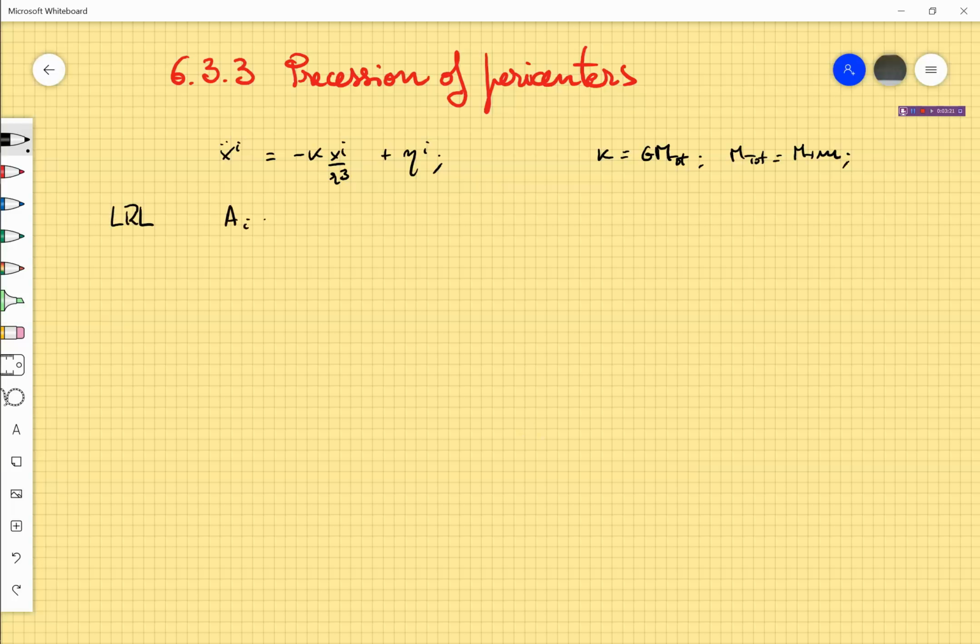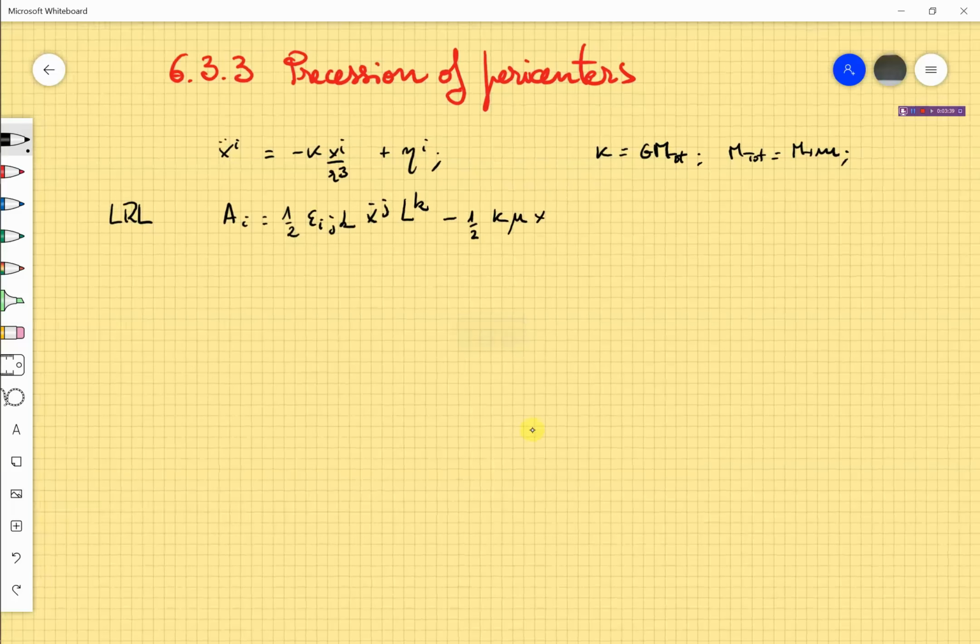And the components of this vector are this one, epsilon_ijk x dot_j L_k, where I will explain what capital L is, minus a half of kappa mu x_i over r. And here mu is the reduced mass, which is defined as 1 over mu equals 1 over capital M plus 1 over small m.